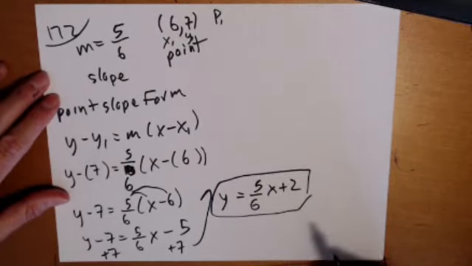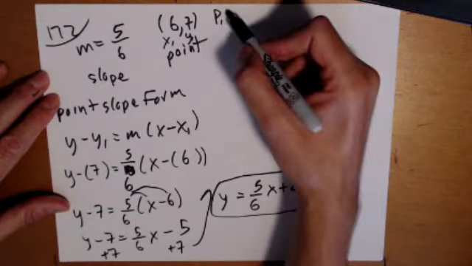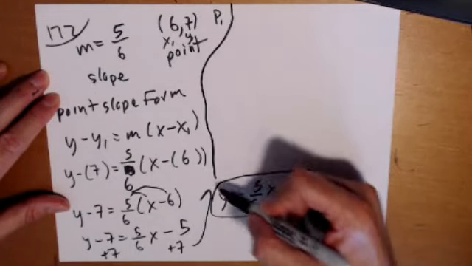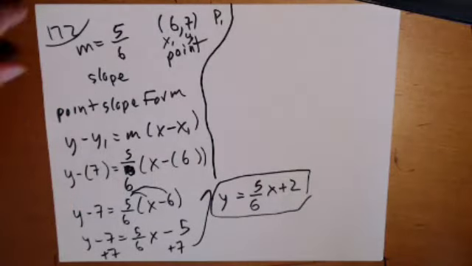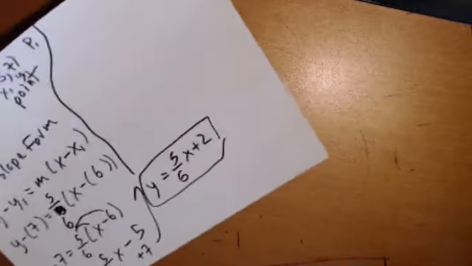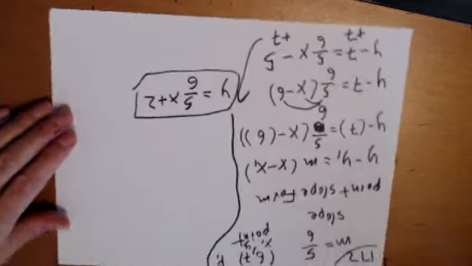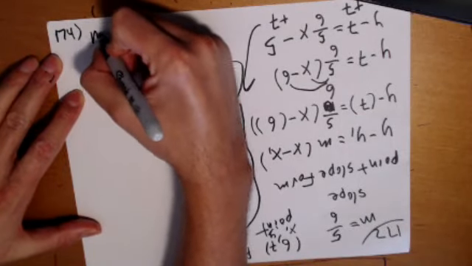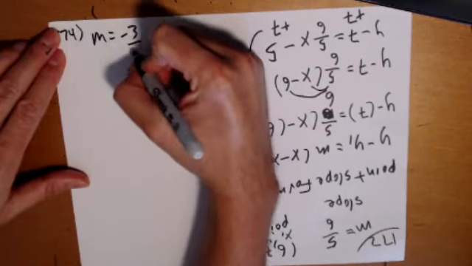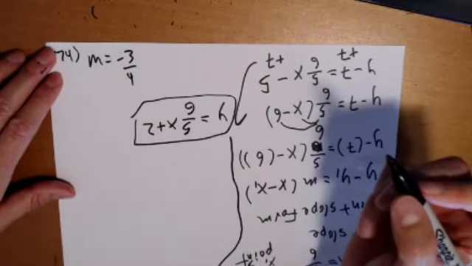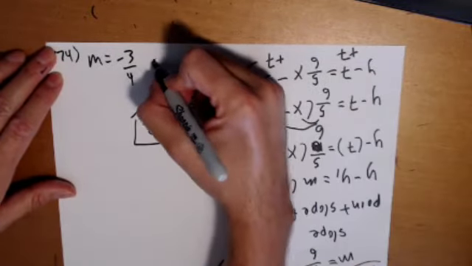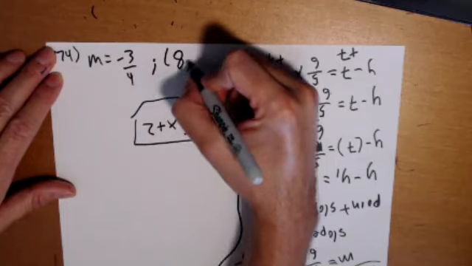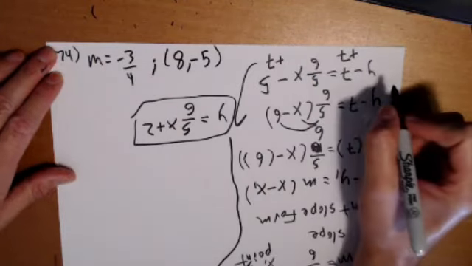Okay. Let's try another one. That was 172. Let's try 174. M is negative 3/4. And then they give us the point 8, negative 5.